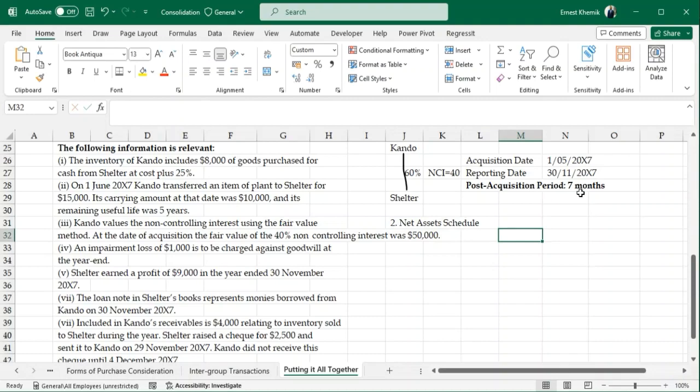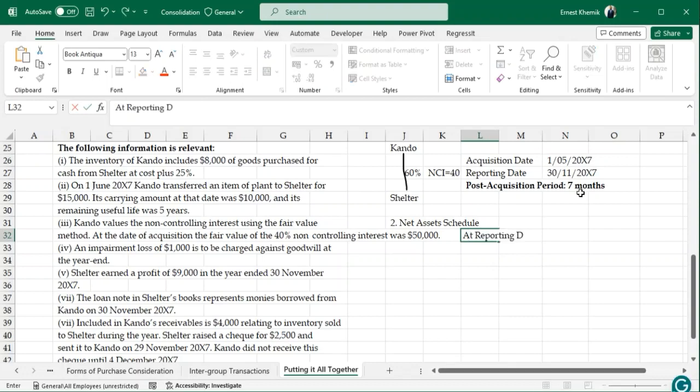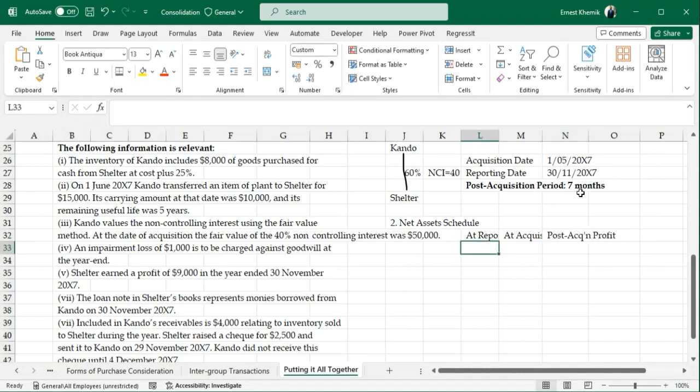Now for the net asset schedule, we will have an amount column at the reporting date, then an amount column at acquisition date, and then an amount column for post acquisition profit, or others call it post acquisition reserve or post acquisition movement.